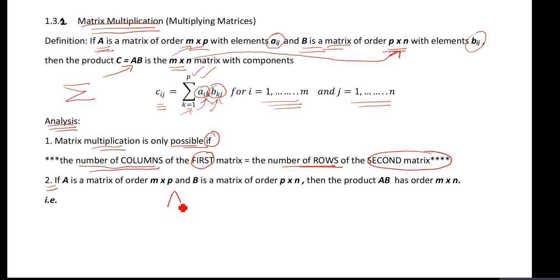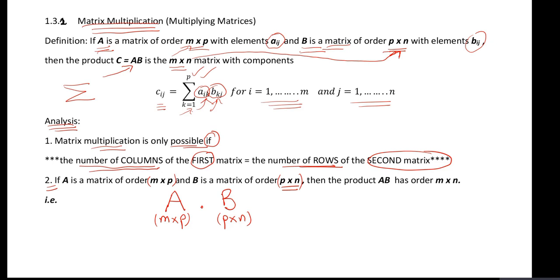Imagine I have a matrix A, and I notice that A has the order M by P. And I want to multiply that by another matrix B, and the order of B is P by N. So A is M by P, B is P by N.